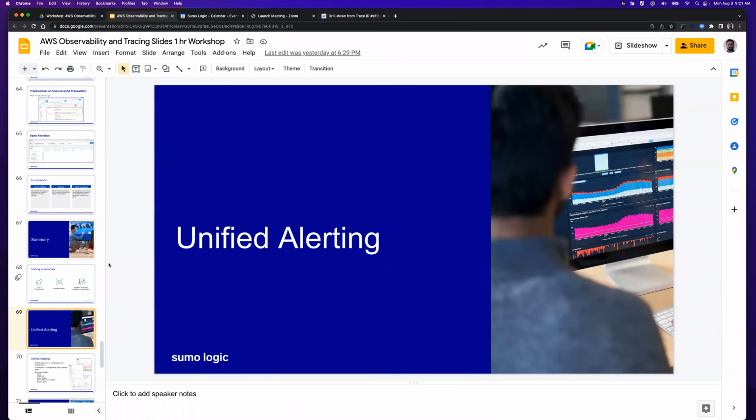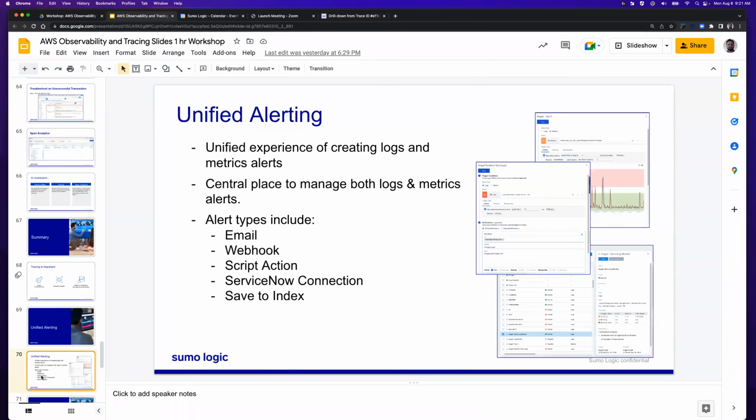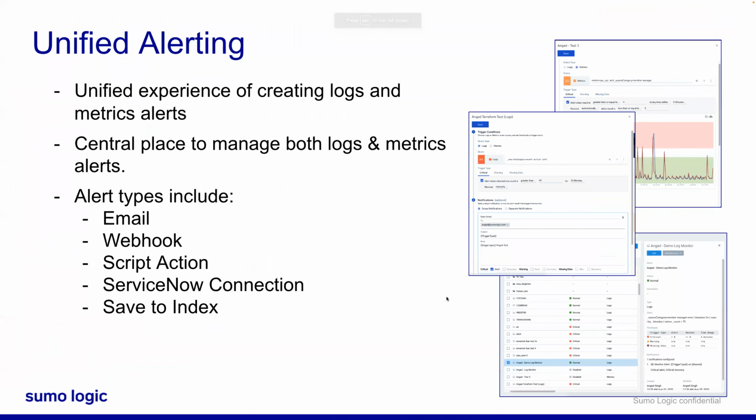And it's around unified alerting. As I was talking about earlier, creating monitors is very simple and can be informative, but how to do it is important. And I just wanted to show here, if you're a newer Sumo, this is the way it's always been for you. If you're an older Sumo like myself, in duration being at the company, this is sort of new.